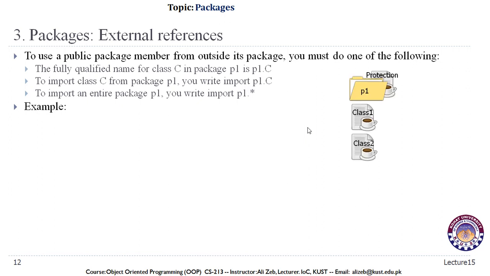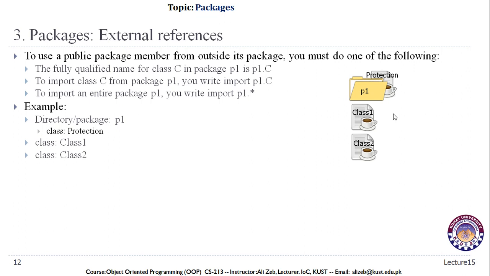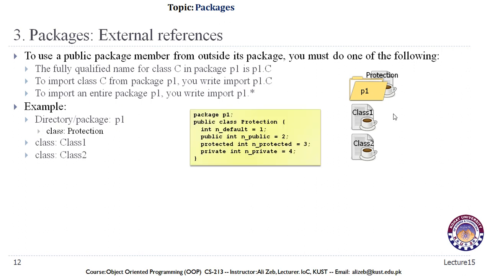For example, we have a package P1 that is shown by the folder. So the folders are basically our packages that can contain different classes. The directory package p1 is the name of our folder. It has a class Protection, and then there is Class1 and Class2.